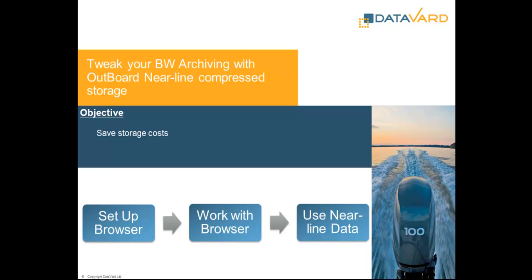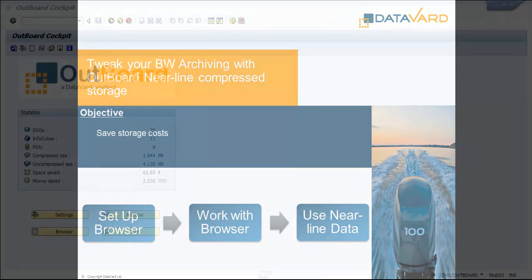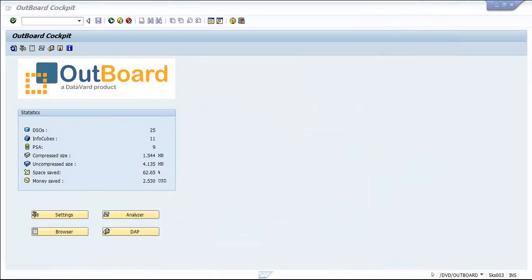To do this, let us access the OutBoard main menu using transaction /dvd/outboard. In the OutBoard cockpit, the main menu, the screen is divided into three parts.